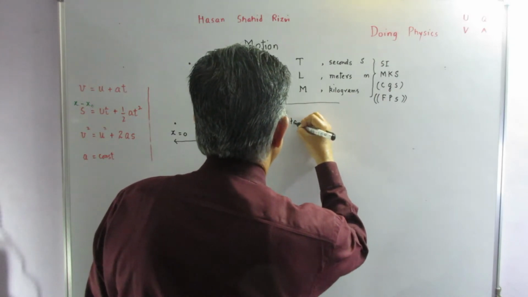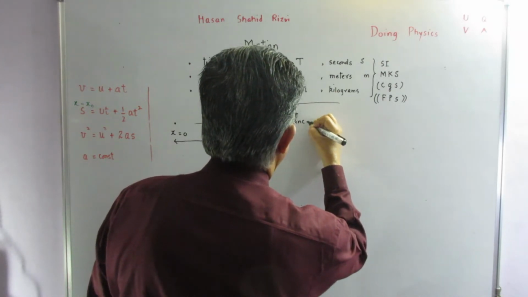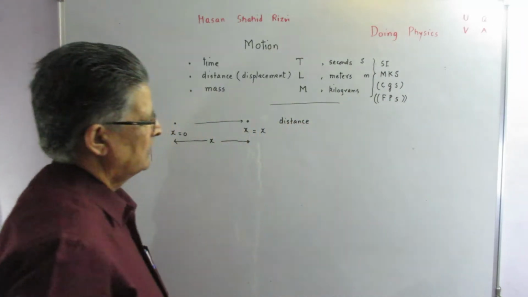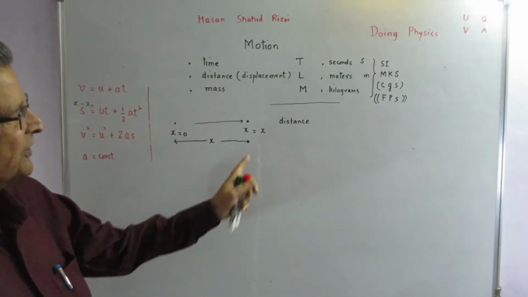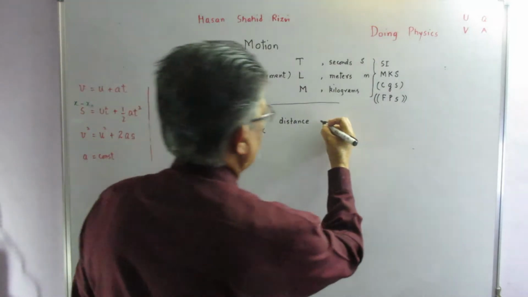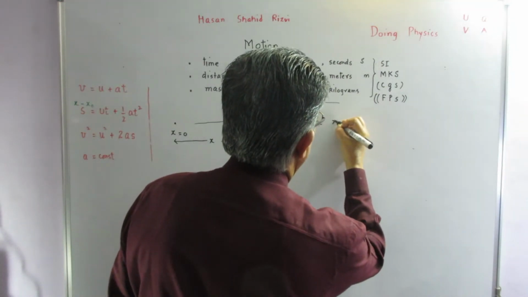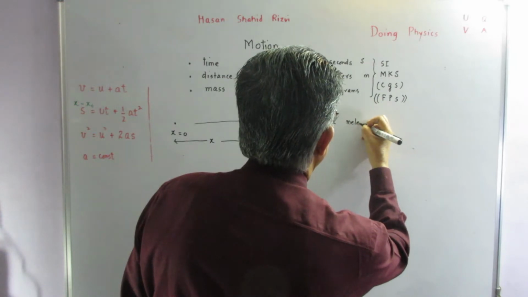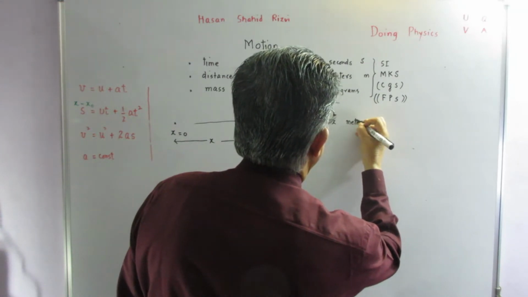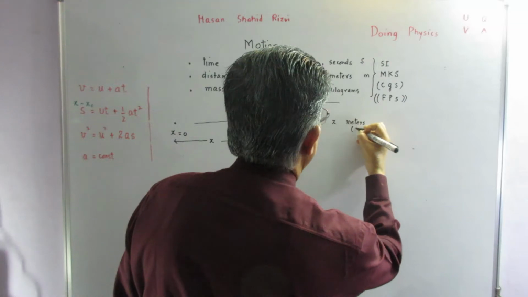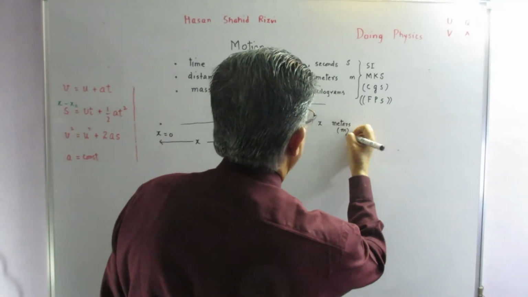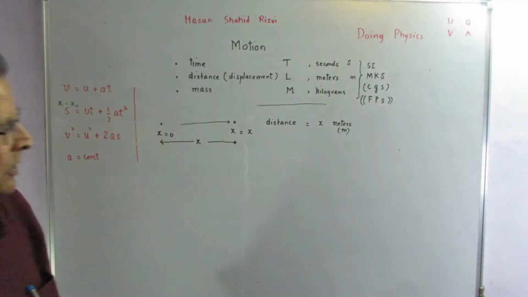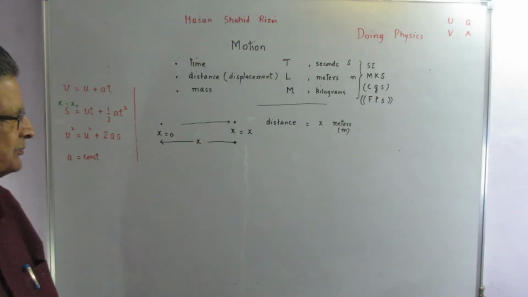I will leave it for the time being how a distance becomes, say, displacement, but distance is equal to, in the system of units that we have, x meters, which I will show by the symbol small m. So distance is one thing.